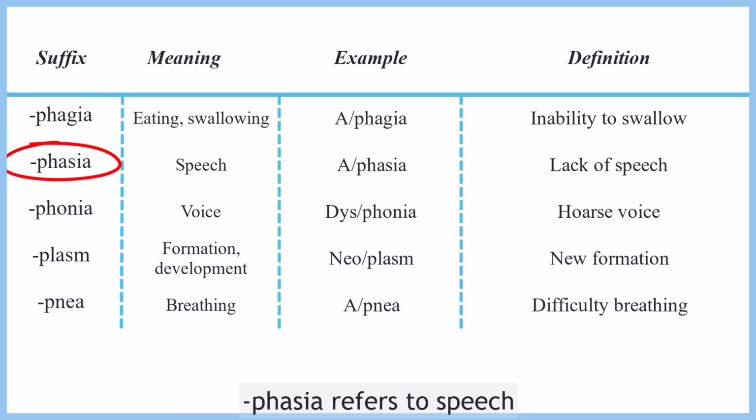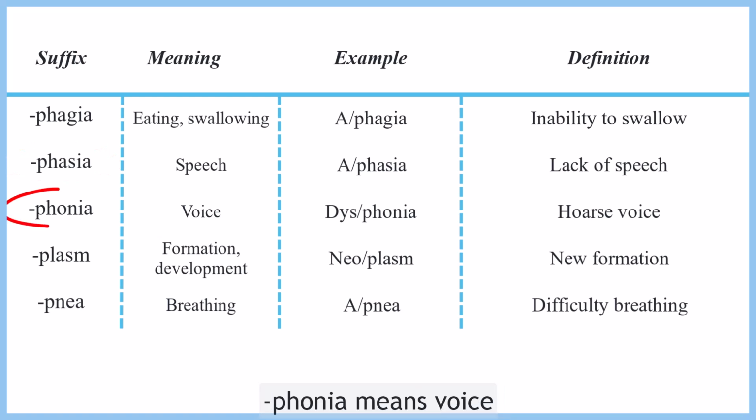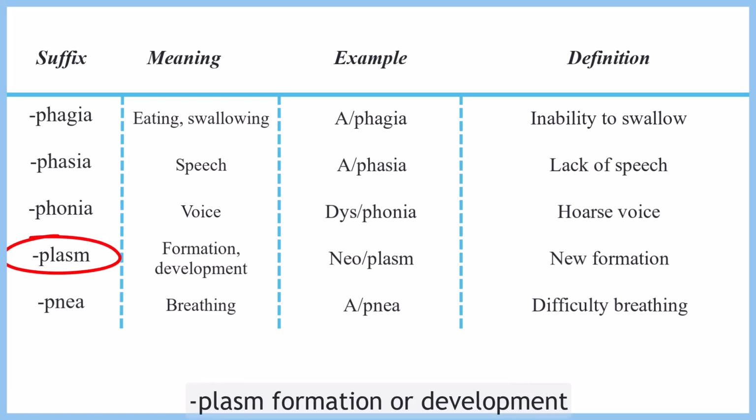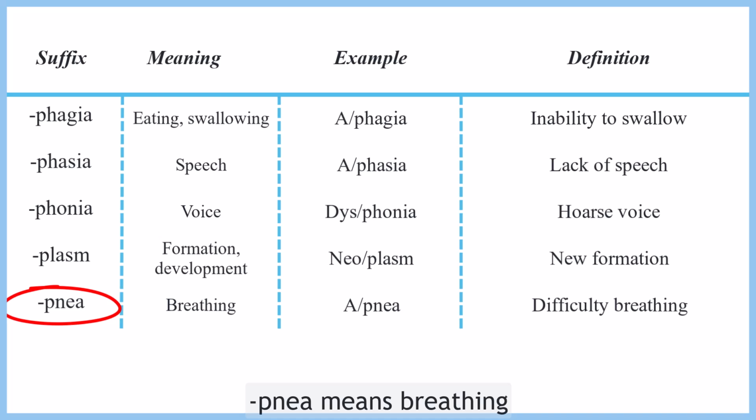Phasia refers to speech. Aphasia, lack of speech. Phonia means voice. Dysphonia, hoarse voice. Plasm, formation or development. Neoplasm, new formation. Pnea means breathing. Apnea, difficulty breathing.